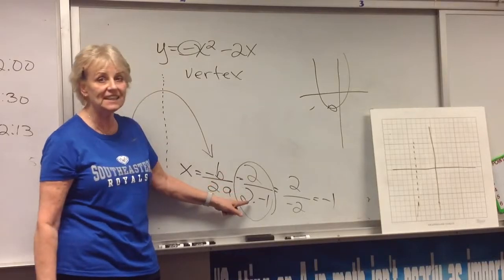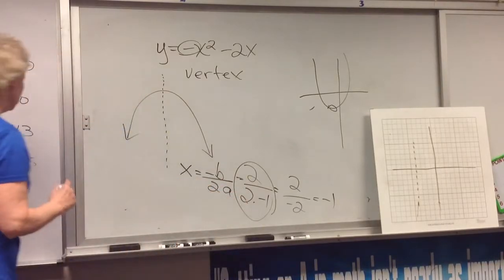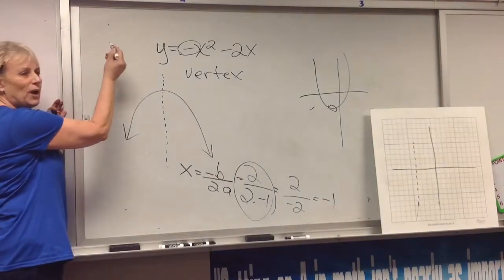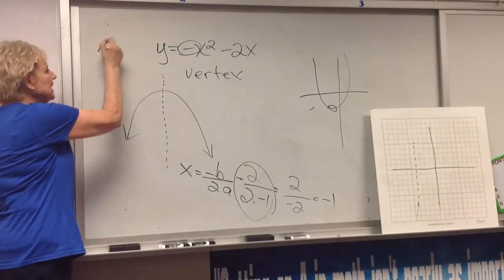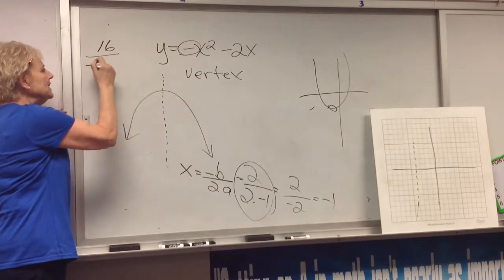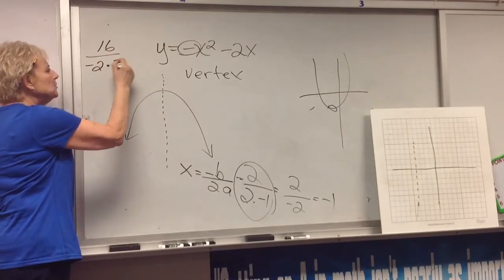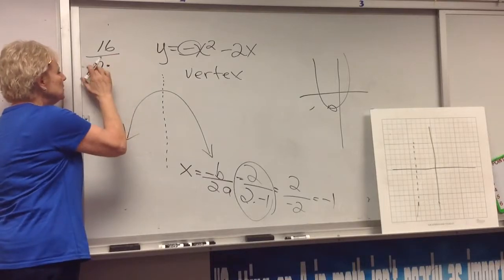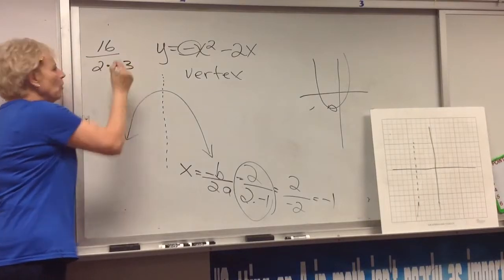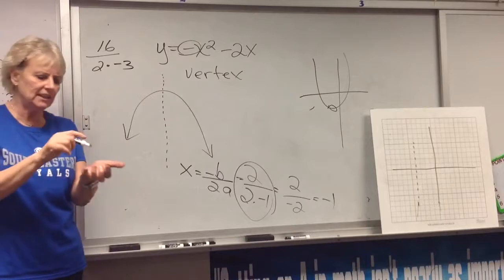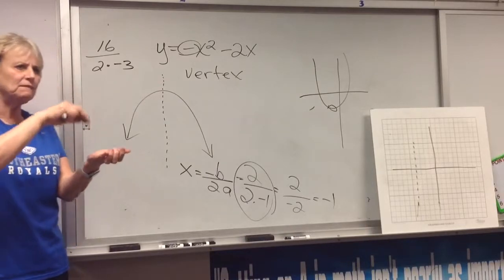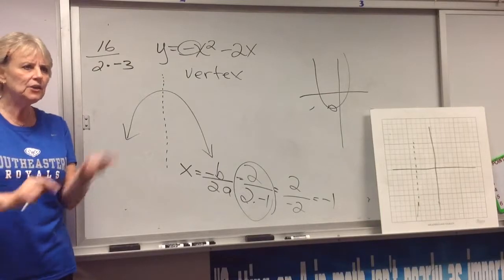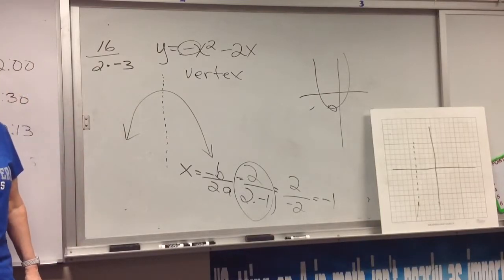Now, the other thing is how to use your calculator. What happens when the opposite of B over 2A is, say, 16 over 2 times negative 3? That's always positive 2. If you punch it in your calculator as 16 divided by 2 times negative 3, you're going to get the wrong answer, negative 24.